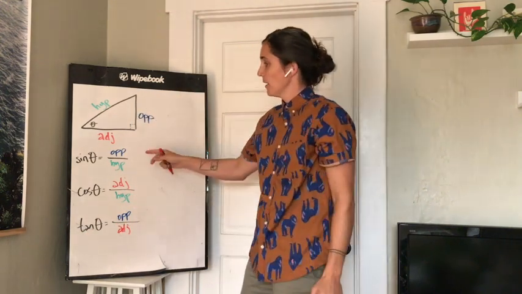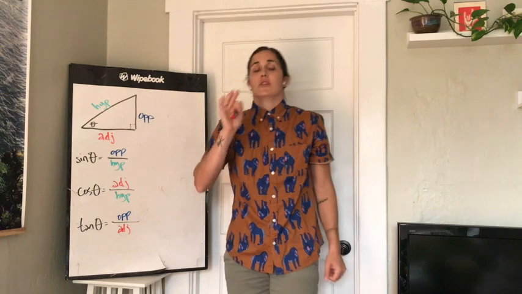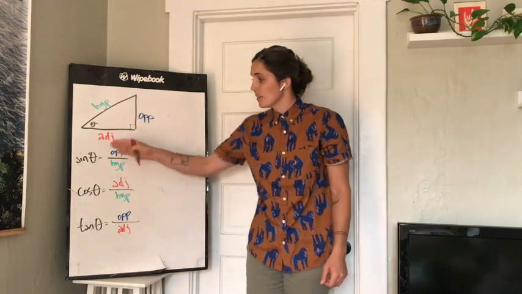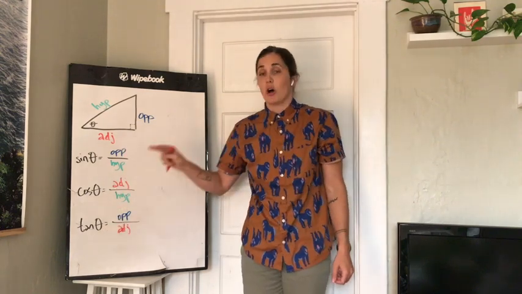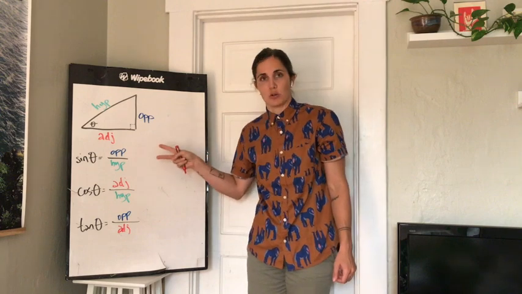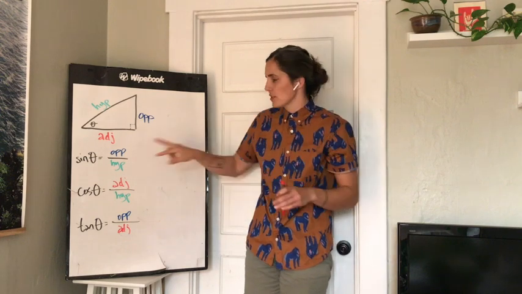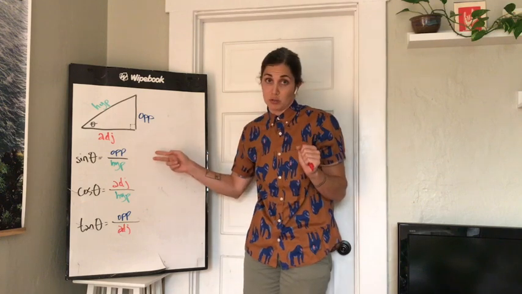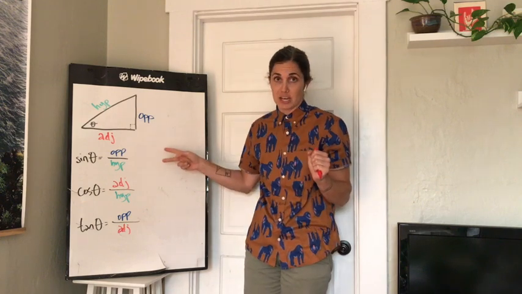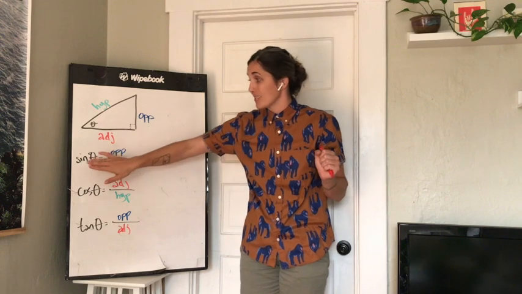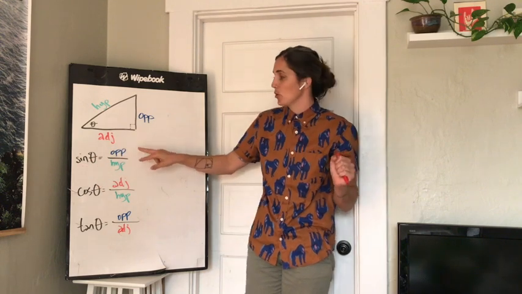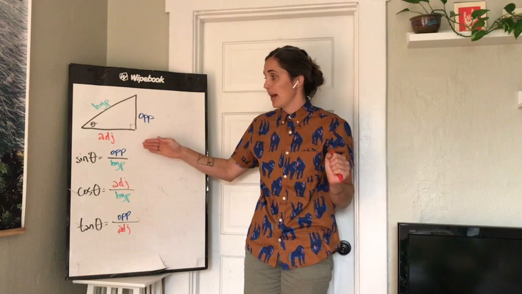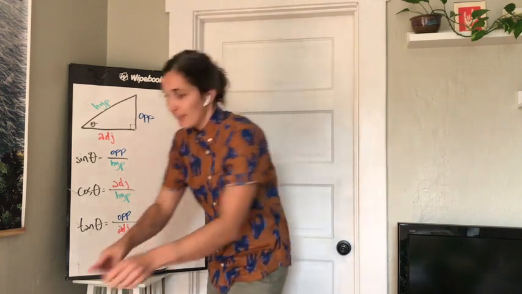As far as the 3 new functions go, each of these relationships also has a reciprocal relationship. Reciprocal, or my favorite coined term, refliprical, because it's the flip of this fraction. For sine, its reciprocal would be the relationship between hypotenuse and opposite, and that has a name.